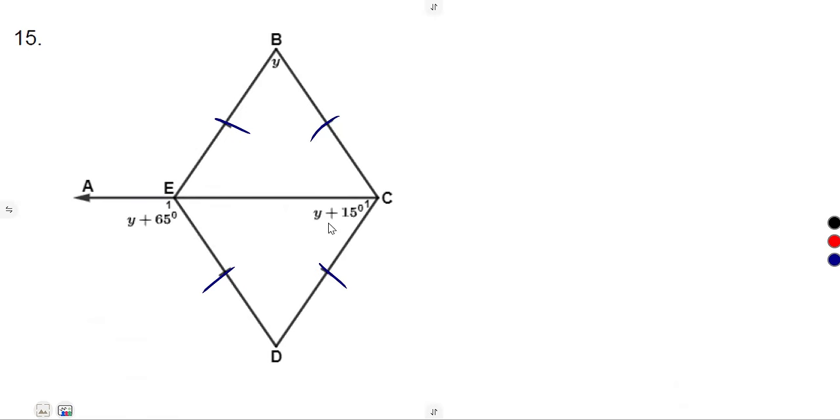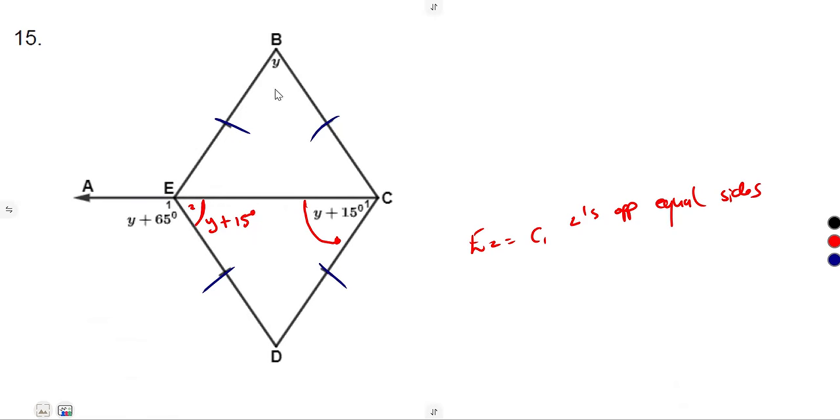So automatically, if this is y plus 15 at C1, it is the same as this angle E2. It is also going to be y plus 15 degrees. Let me just write angle E2 is equal to angle C1, angles opposite equal sides.